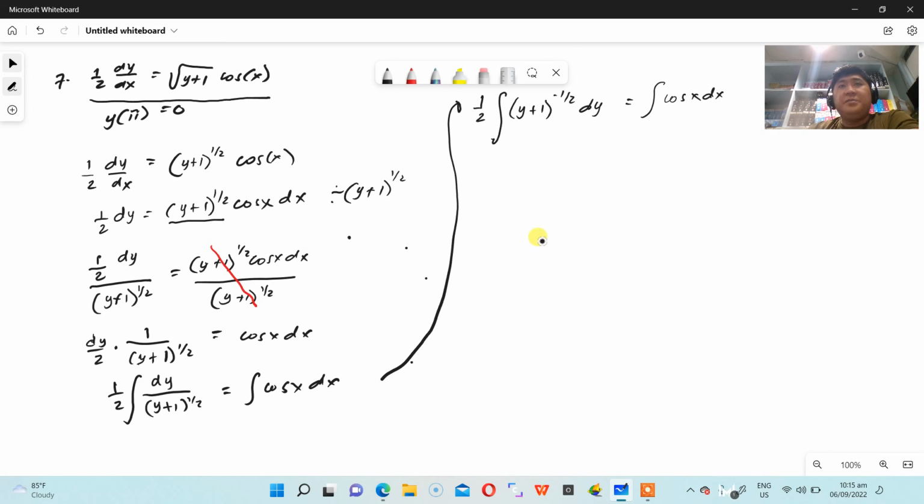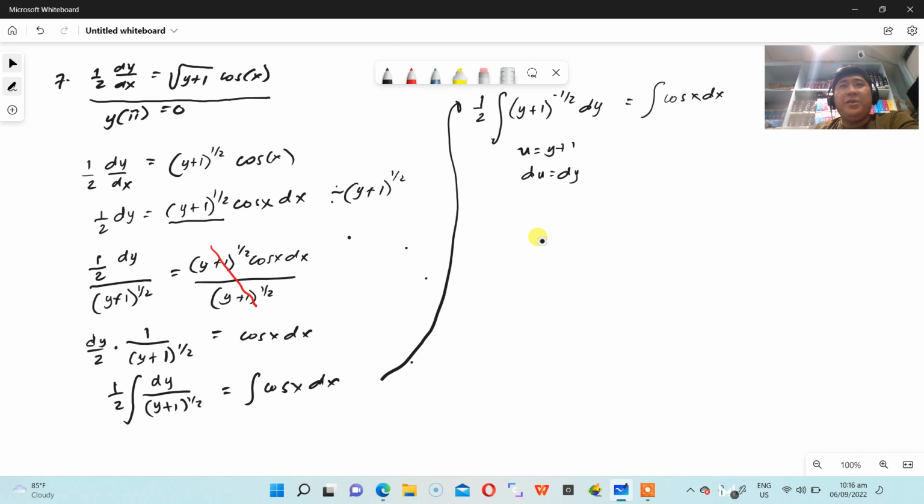So from here, you can now integrate this one by having your u as y plus 1, right? So derive that one, you have derivative of y, that is dy. Derivative of 1 is 0. So therefore, it becomes like that.